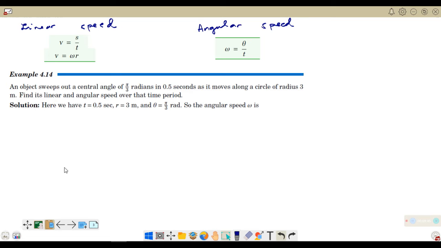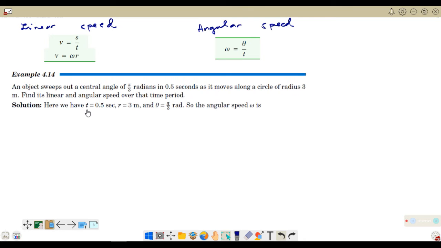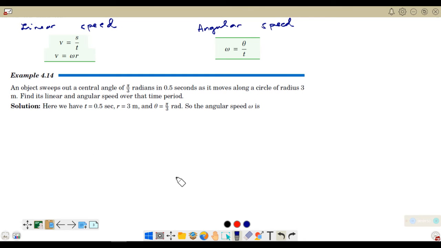Okay, so what are our given values? We have the time elapsed t. That is 0.5 seconds. We have the radius r, which is 3. And we also have the measurement of our angle, which is pi over 3 radians.